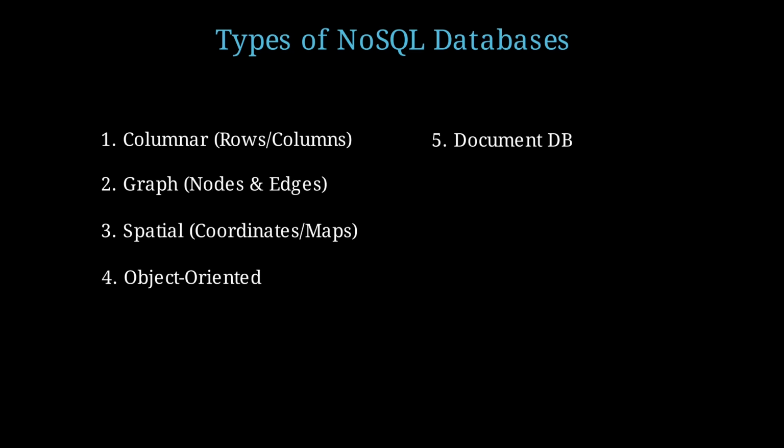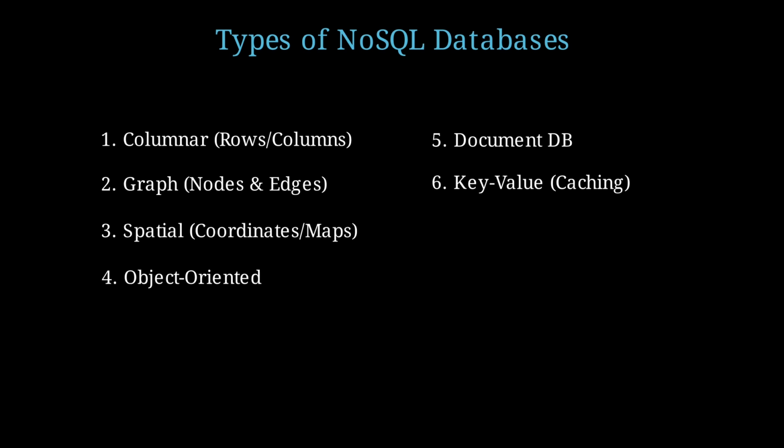Another kind of NoSQL database is the document database, which we use to store documents. Another kind is the key-value database, which is generally used for caching purposes. It also comes under NoSQL databases.